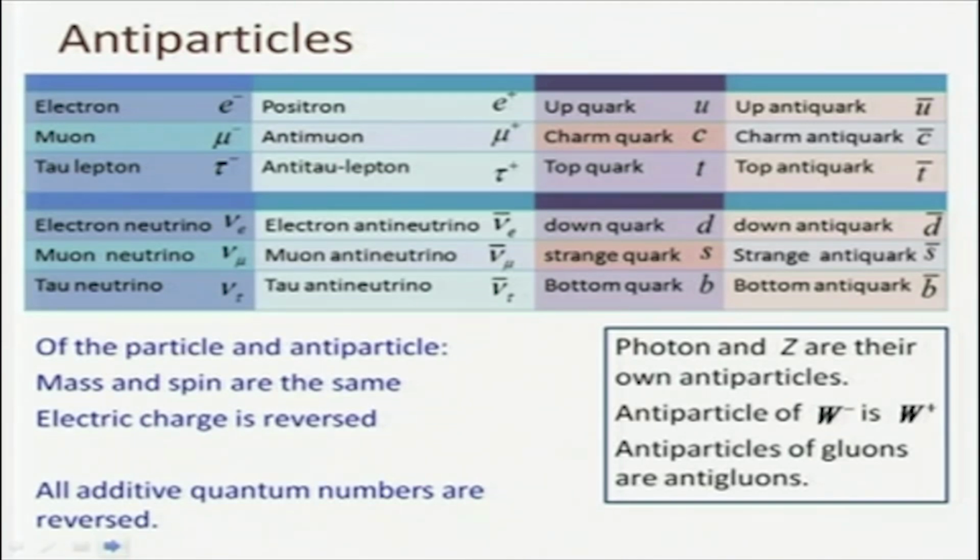We will come a little later to why in beta decay an antineutrino is produced, not a neutrino.